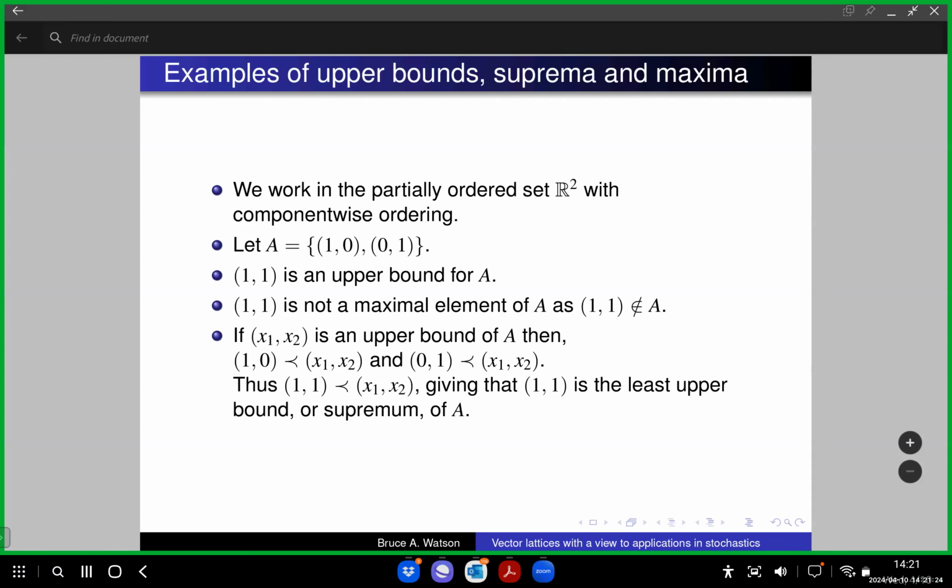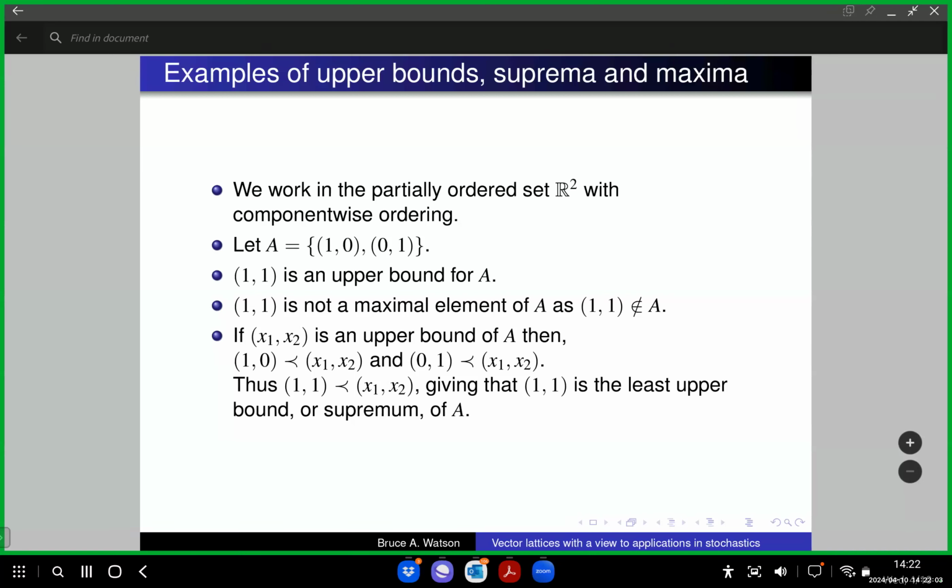So x1 and x2 are both greater than or equal to 1. The least we can take x1 to be is 1, and the least we can take x2 to be is 1. Let's check whether that is indeed an upper bound for A. We have that (1, 0) is below (1, 1), and (0, 1) is below (1, 1). So indeed, (1, 1) is an upper bound for A in component-wise ordering. Also, (1, 1) is not a maximal element of A because (1, 1) is not in A.